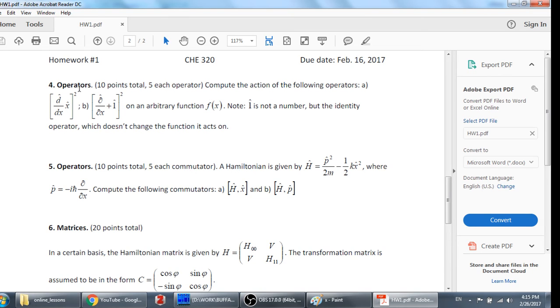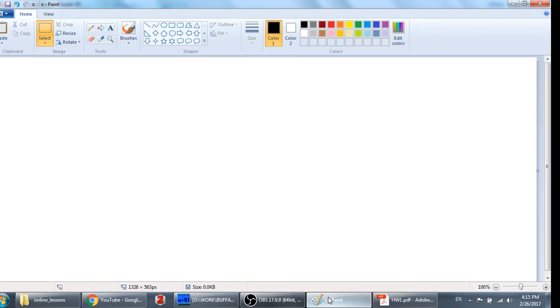We want to compute the action of these two operators on some arbitrary function f of x. First, the first operator is d over dx times x, squared, and it acts on the function f of x.